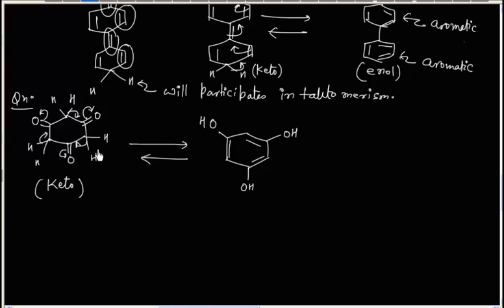So basically three hydrogens participate in tautomerization: this hydrogen, this hydrogen and this hydrogen. These hydrogens can also participate. So this one and this one can also participate in tautomerization. So we can say in this case we have 6 tautomerizable hydrogens.